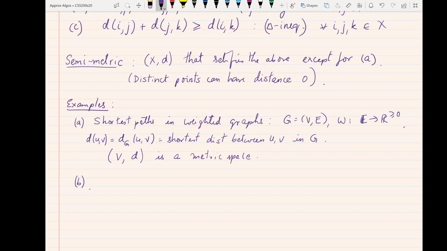Now, the second canonical example of metric spaces is just your d-dimensional space with the Lp norm, which is called the Lp metric space.